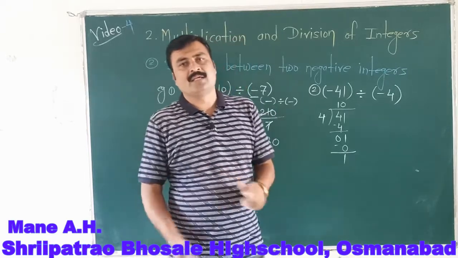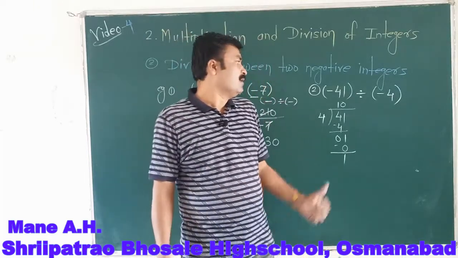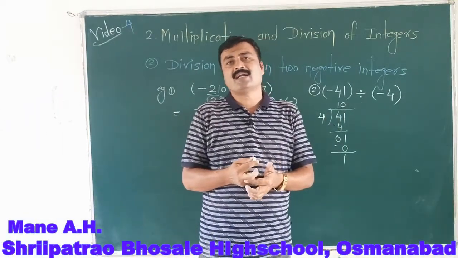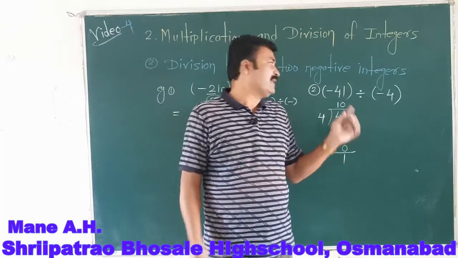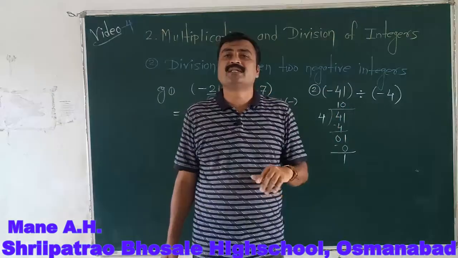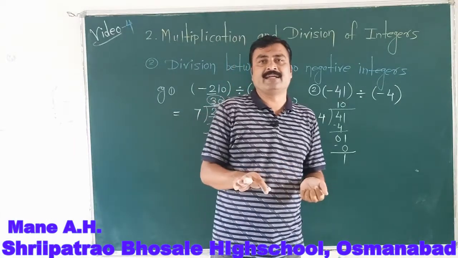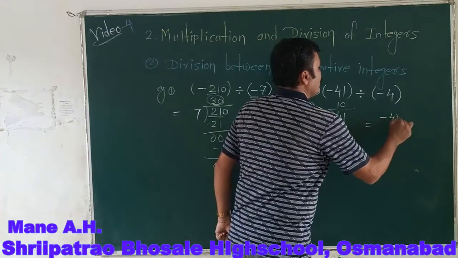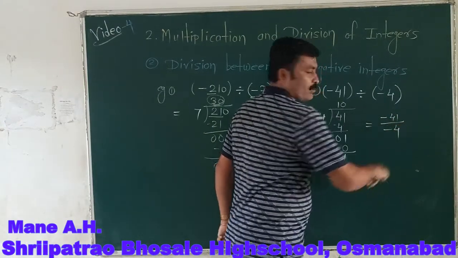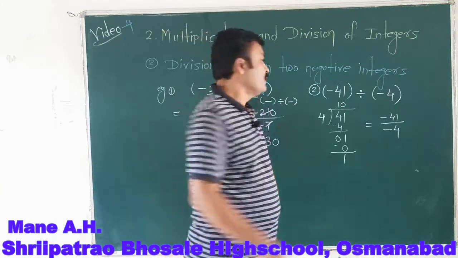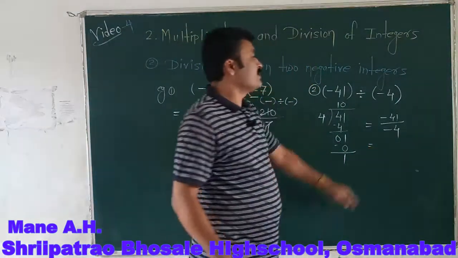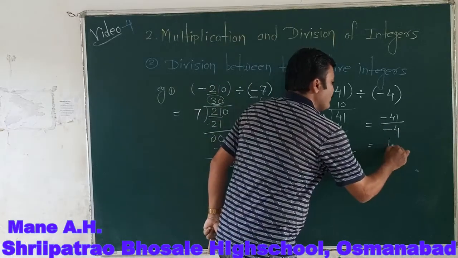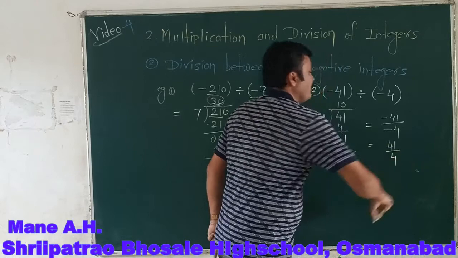म्हणजे या ठिकाणी या दुसऱ्या उदाहरणात सध्या मला भागाकाराचं उत्तर जरी 10 मिळत असलं तरी हा पूर्ण भागाकार नसल्यामुळे मला या 10ला इंटिजर ग्रुपमध्ये घेता येत नाही आहे सध्या. म्हणून या ठिकाणी या डिव्हिजनचं जे आन्सर आहे minus 41 by minus 4, this is not a complete division here, so the number remains as it is, 41 by 4.